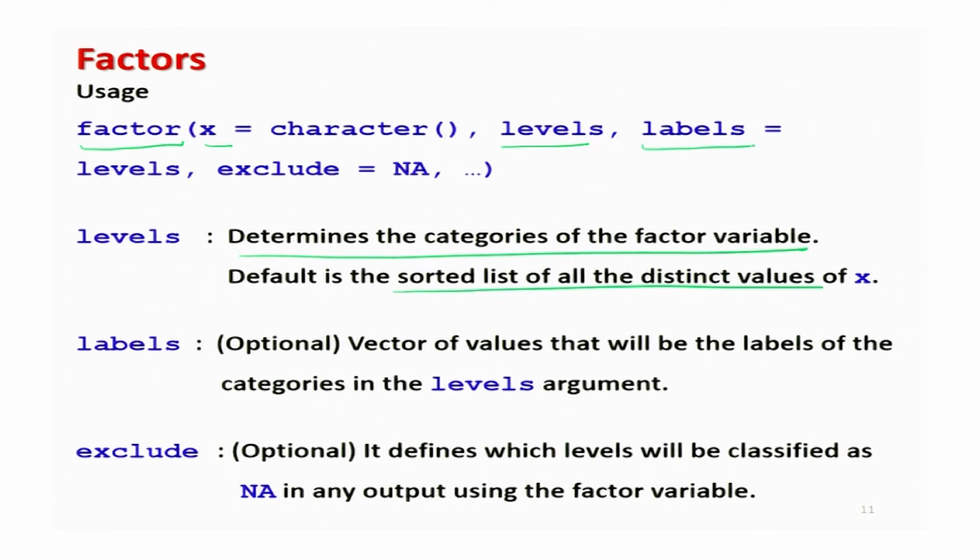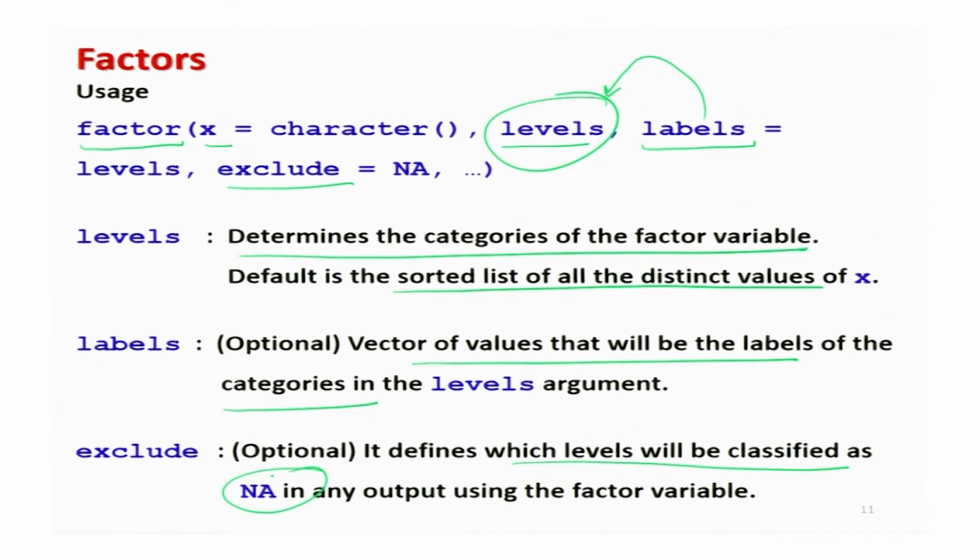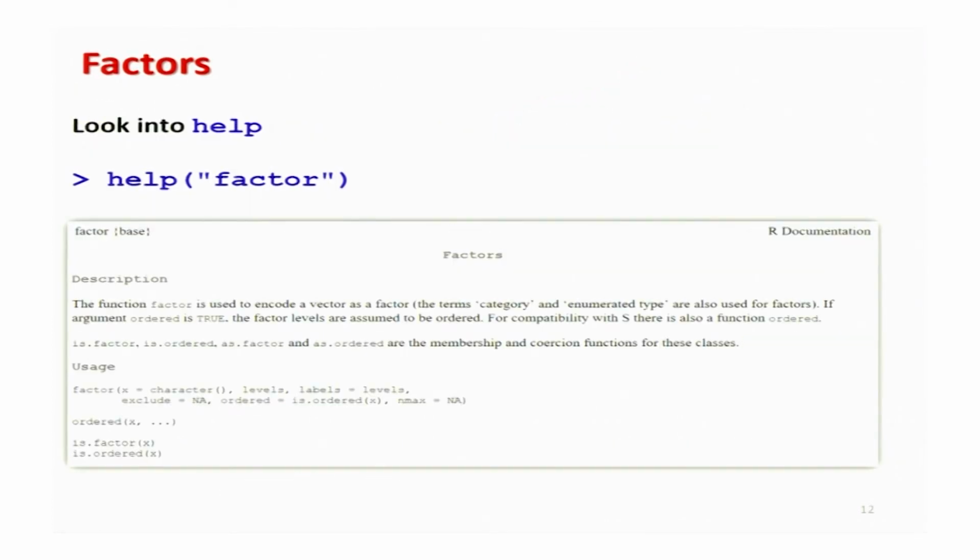This is an optional vector, labels, right. The names of the labels are stored in labels, and after that you have exclude. Exclude is going to handle the missing values. It defines which labels will be classified as NA if the output is a factor. Output is obtained using a factor variable.